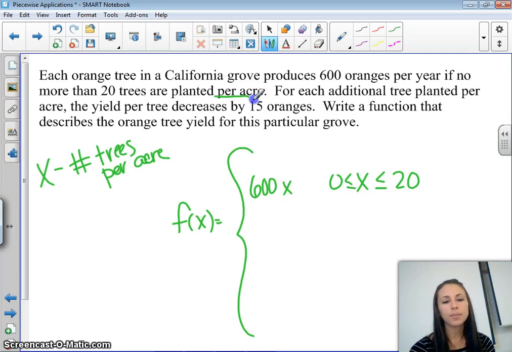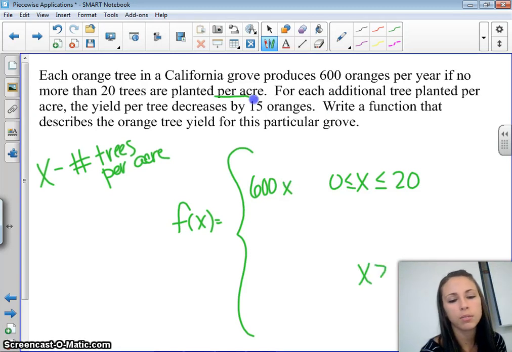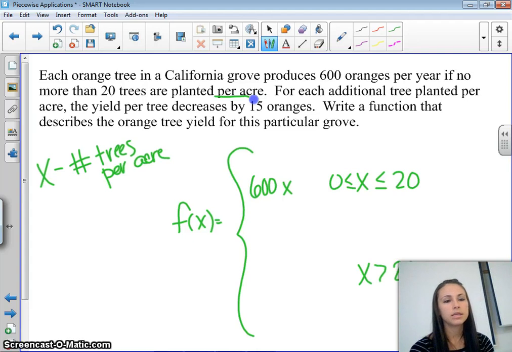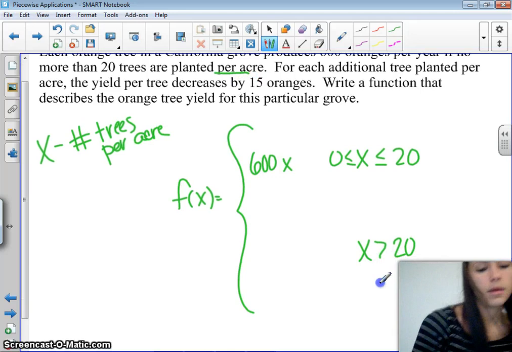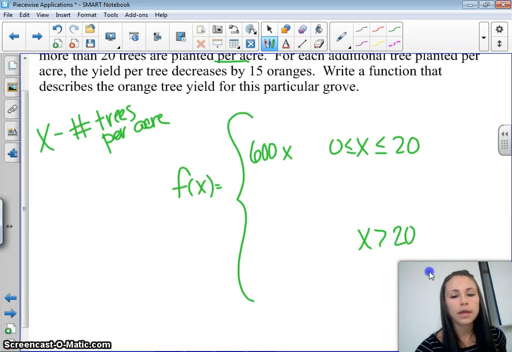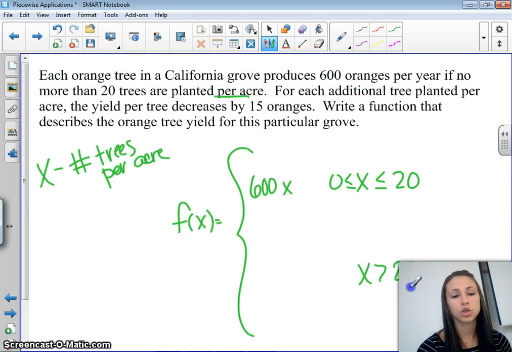Now, if I plant more than 20, if x is greater than 20, then the yield per tree decreases by 15 oranges. So we want to write a function that models that. If I plant more than 20 trees per acre, then they're not going to produce the same amount that they did with only the 20 there.